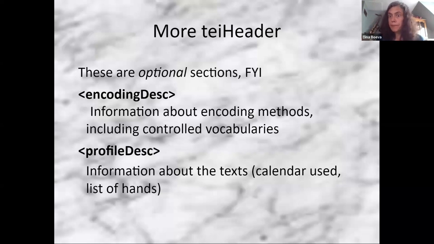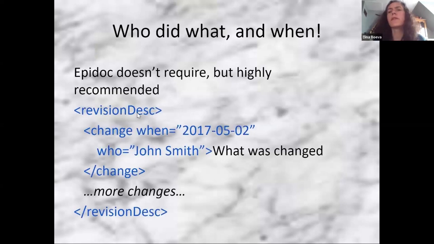So that is why, to keep track of the changes, we have the revision description, where you have the information of exactly when the thing was encoded, what was corrected, what was erased, and so on.